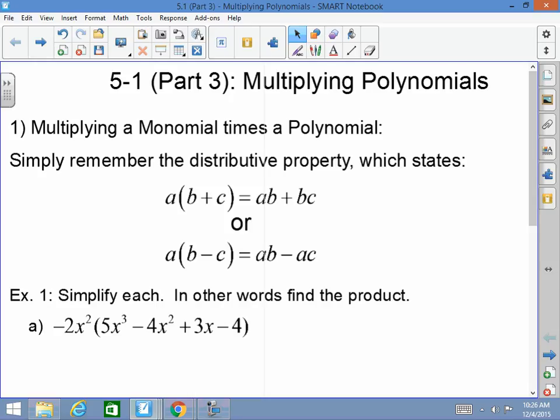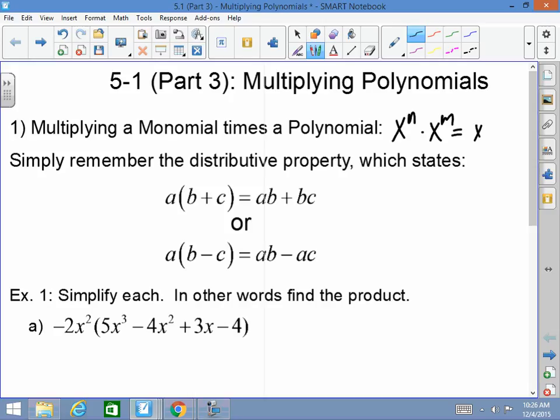In order to multiply polynomials, we must be able to incorporate and use our product rules for exponents. When you multiply the same base, remember, you keep the base and you add the exponents, okay?